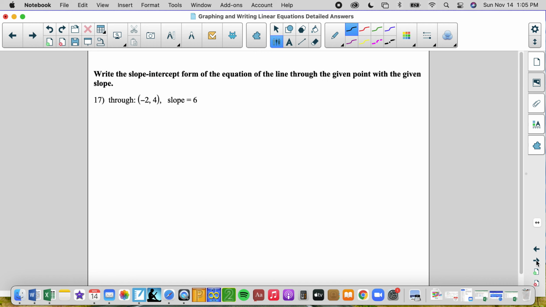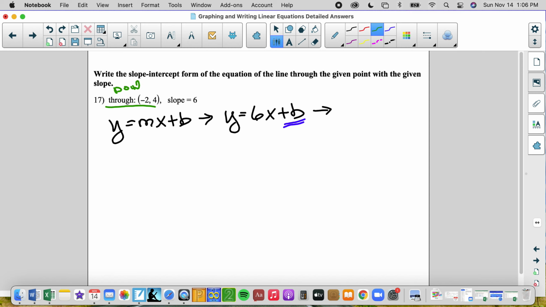In the next one, this time they give me the slope, but they don't give me the y-intercept. So I again start off with my template and fill in part of it. I know what my slope is, but I still owe the y-intercept. Notice they gave me a point, and that point is an x and y value. So I'm going to plug that x and y value into the equation.